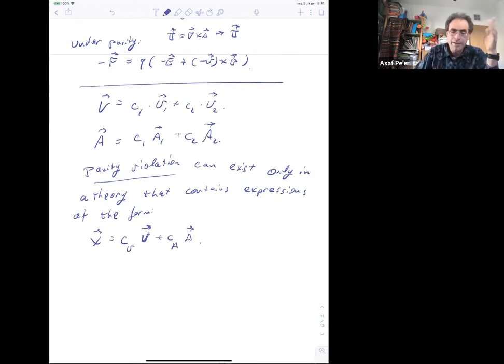So when we try to add a vector to an axial vector, what we get is a theory that is violating parity.